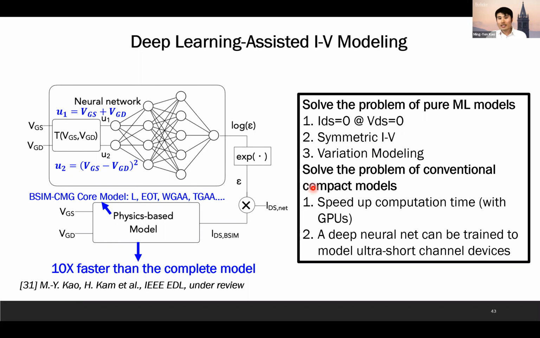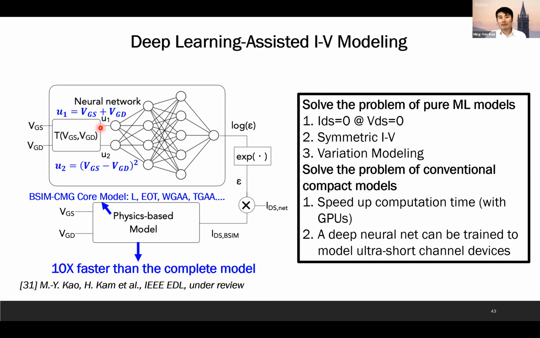And for the speed up, it is possible: the bottom core equation is 10 times faster, and the upper part can be done in parallel. With GPU acceleration, it's only 3 layers of hyperbolic tangent function, which is very efficient.